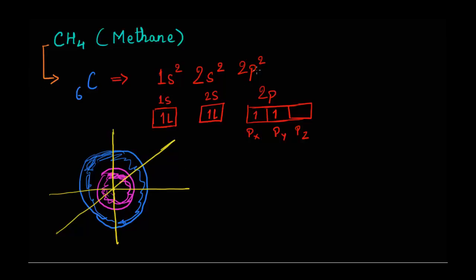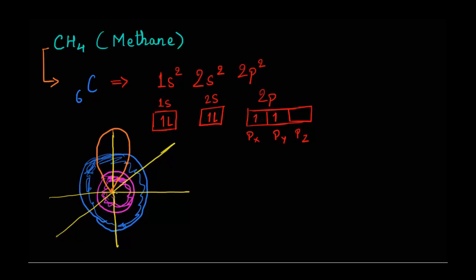The 1s had 2 electrons, the 2s had 2 electrons. Now the p orbitals will look something like this: here I have py, this is my px, and this is my pz.